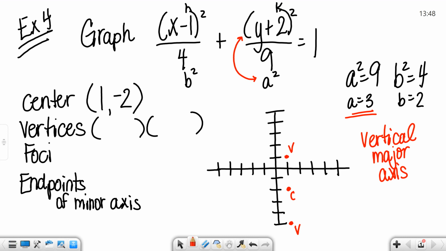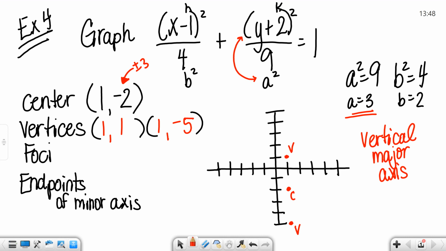So those two ordered pairs are (1, 1) and (1, -5). All right, so we added and subtracted 3 to the Y value right here. That's how I got those values.